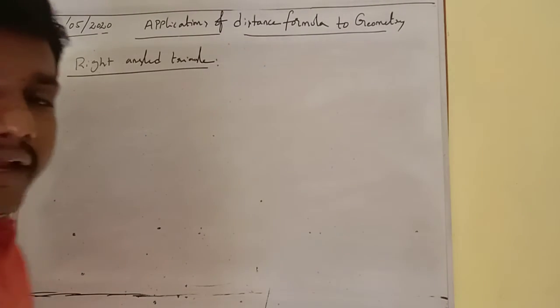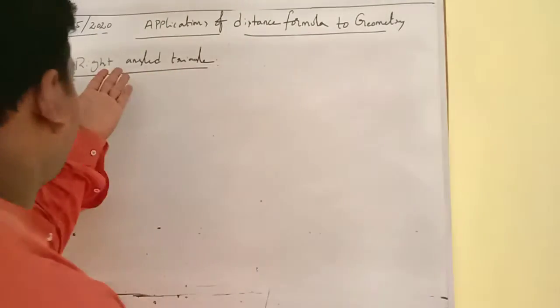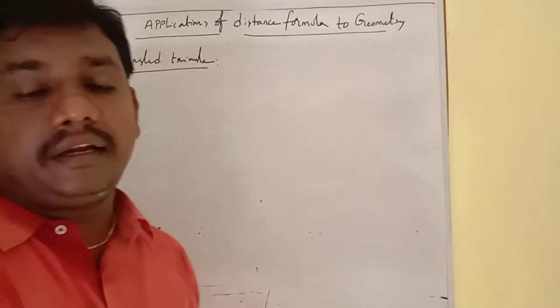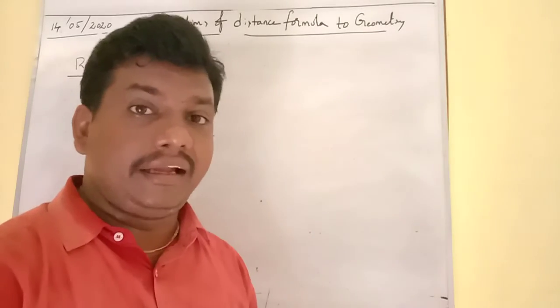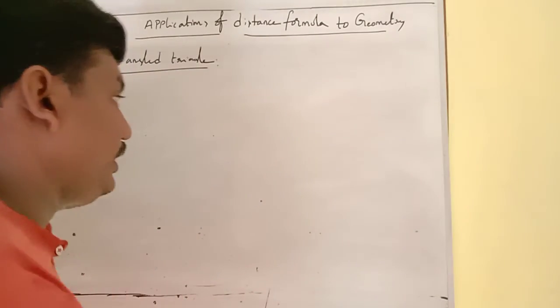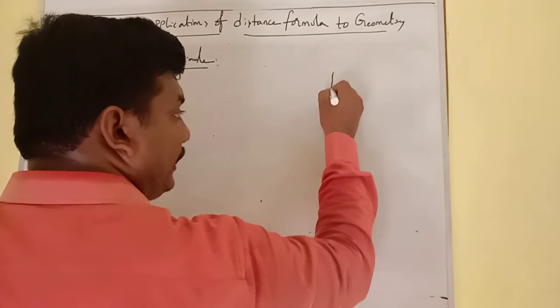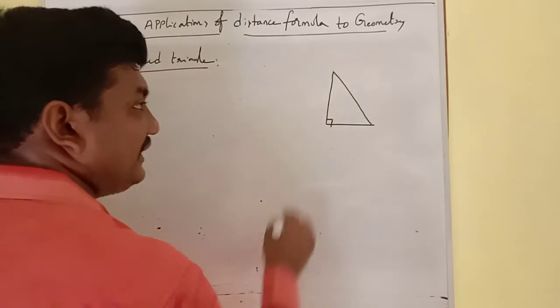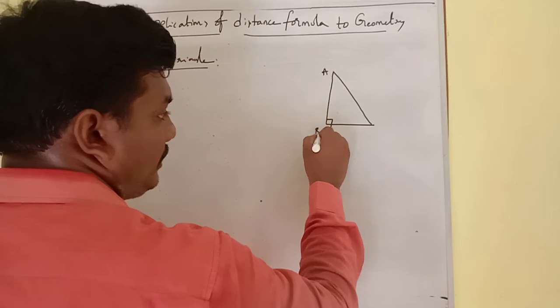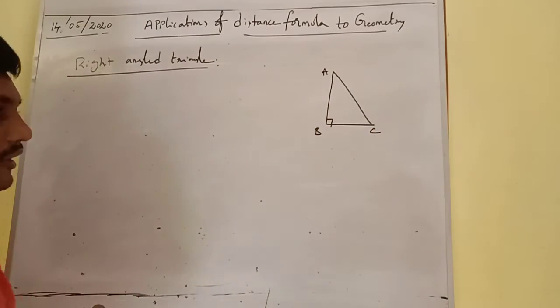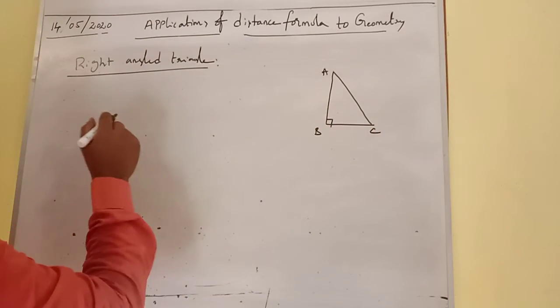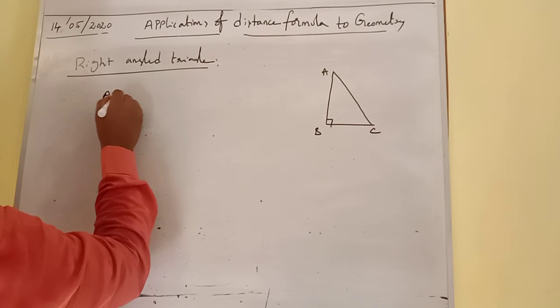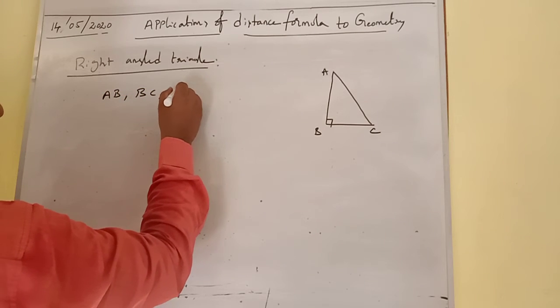One more point we have to discuss is the right angled triangle. How do we find whether a given triangle is a right angled triangle or not? Whenever it is a right angled triangle, we use the very famous Pythagoras theorem. If you take A, B, C, we have to find all three distances: AB, BC and AC.